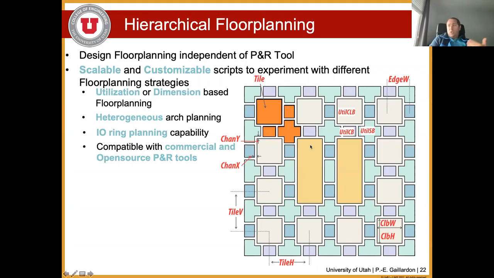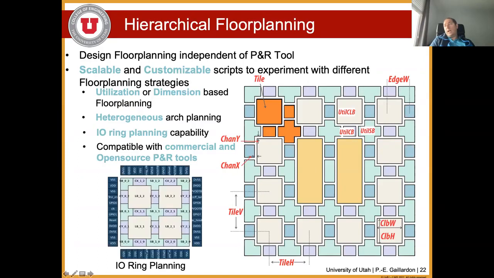So in addition to just configuring the fabric, you do have IO-ring planning too, where you can really include at the early stage how your IOs should be distributed around your chip, including power supplies, accounting for IR drop, and those important physical implementation aspects.